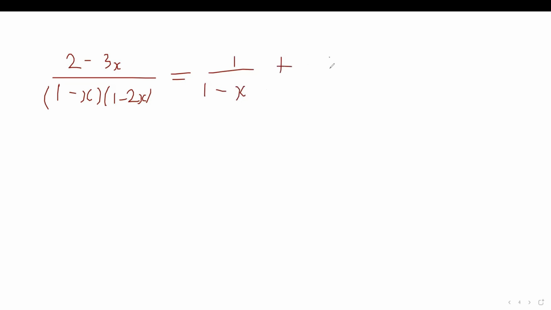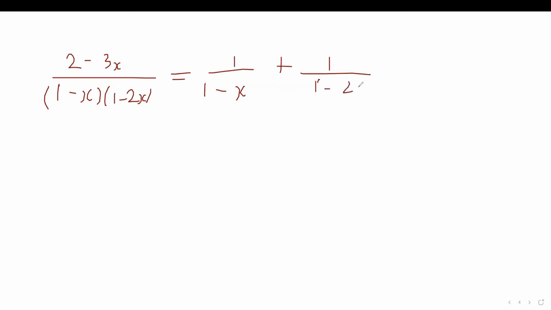We write 2 minus 3x over 1 minus x times 1 minus 2x, and we can pretty it up. We know this is equal to 1 over 1 minus x plus 1 over 1 minus 2x.